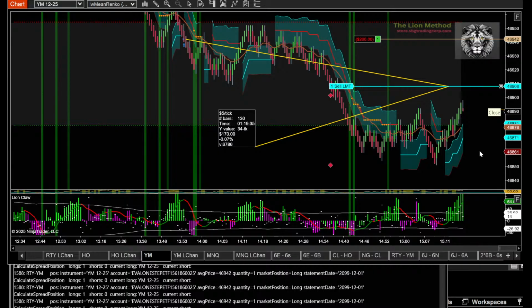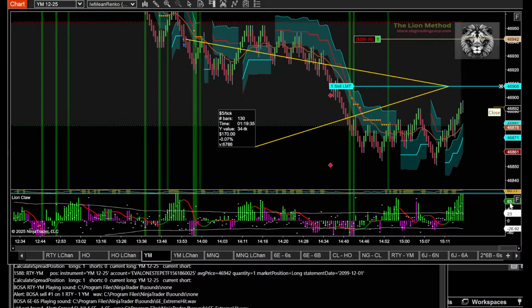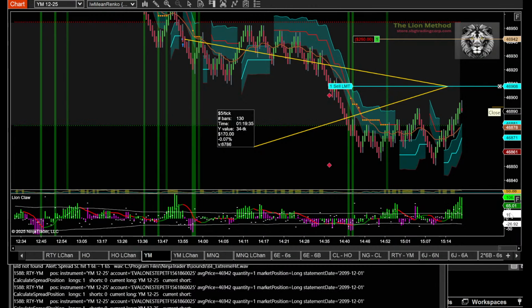Just broke our prior resistance, but it is not happy to be up there. Yeah, some good order flow. Market is just not responding though.